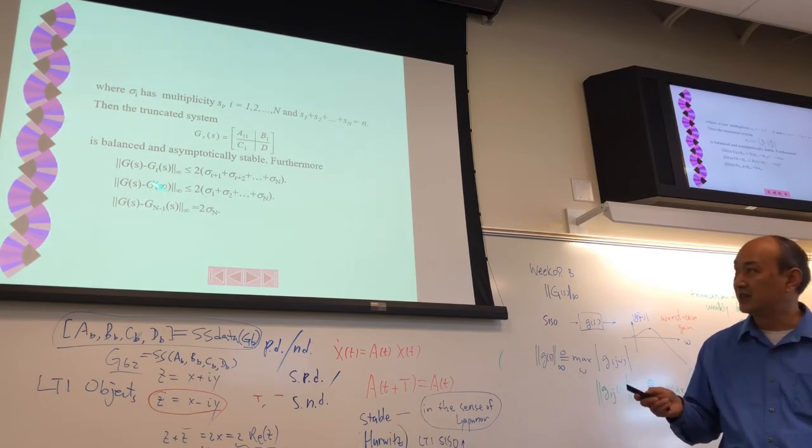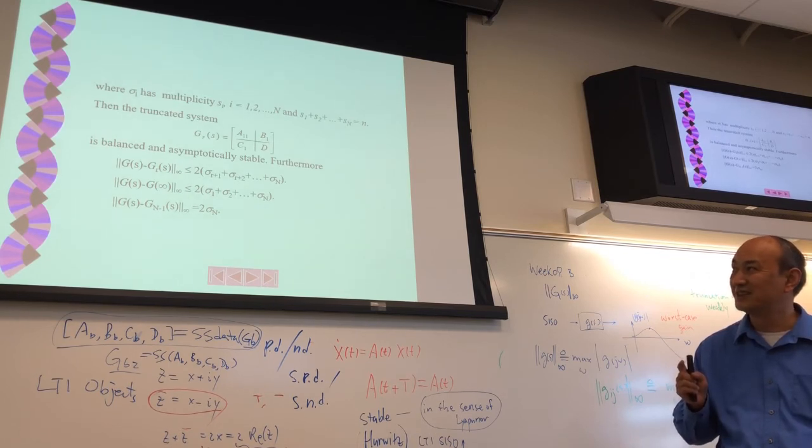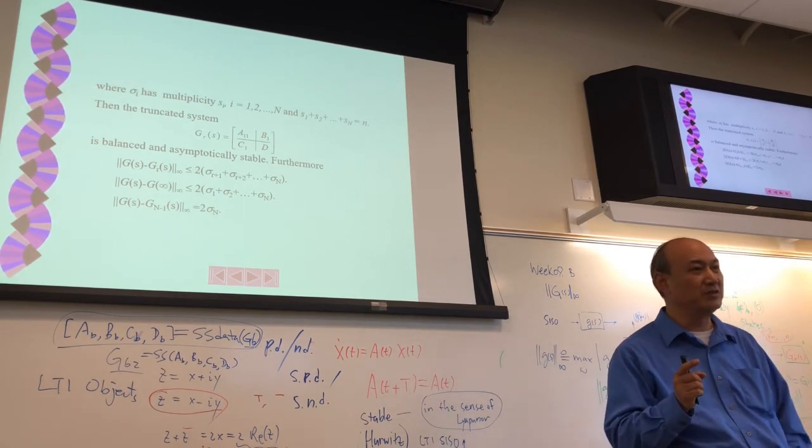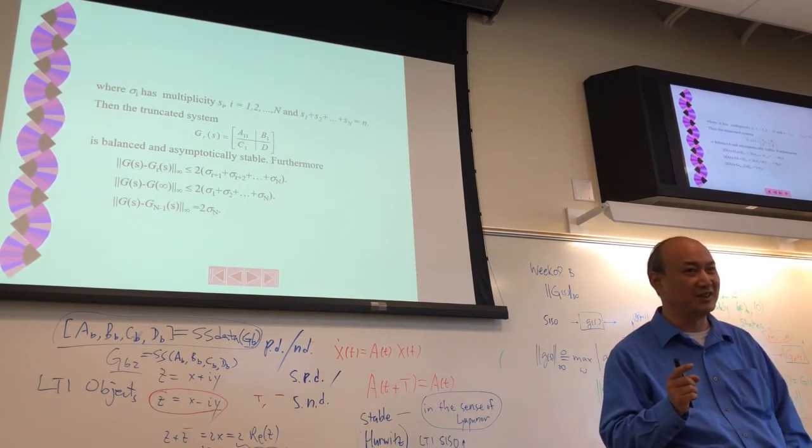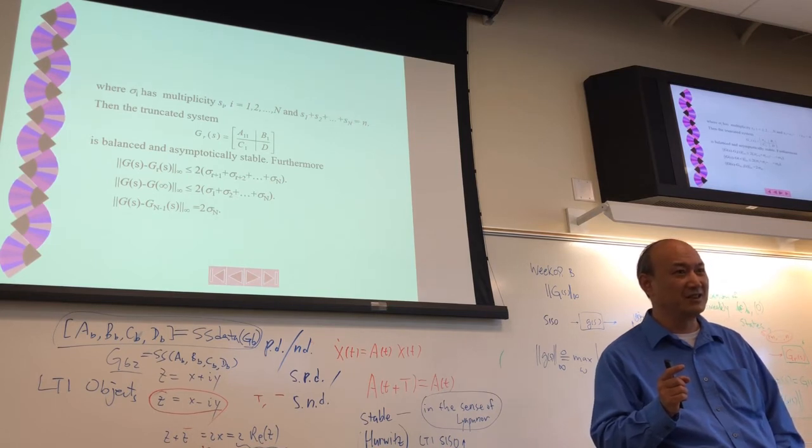And this is G infinity, okay? Do you know what G infinity is? G infinity is the Markov parameter G0, right?